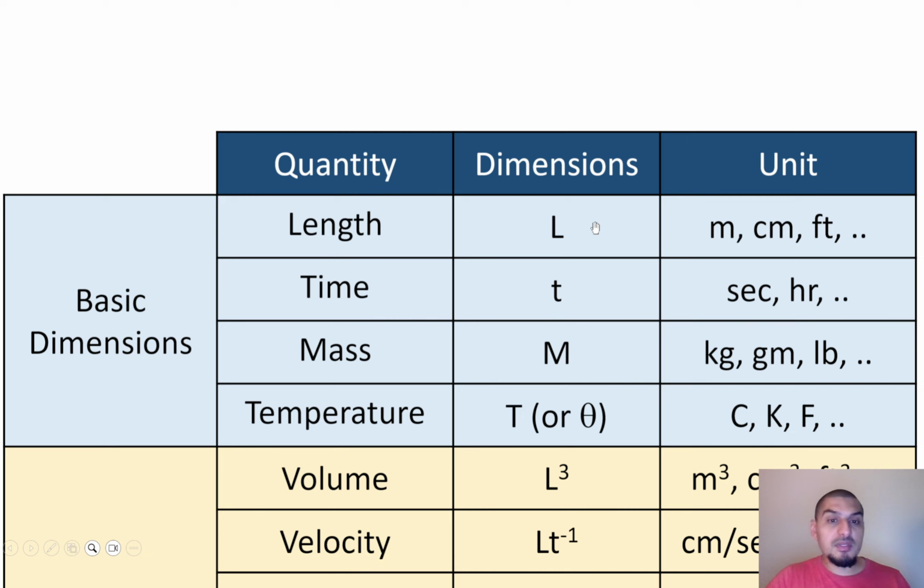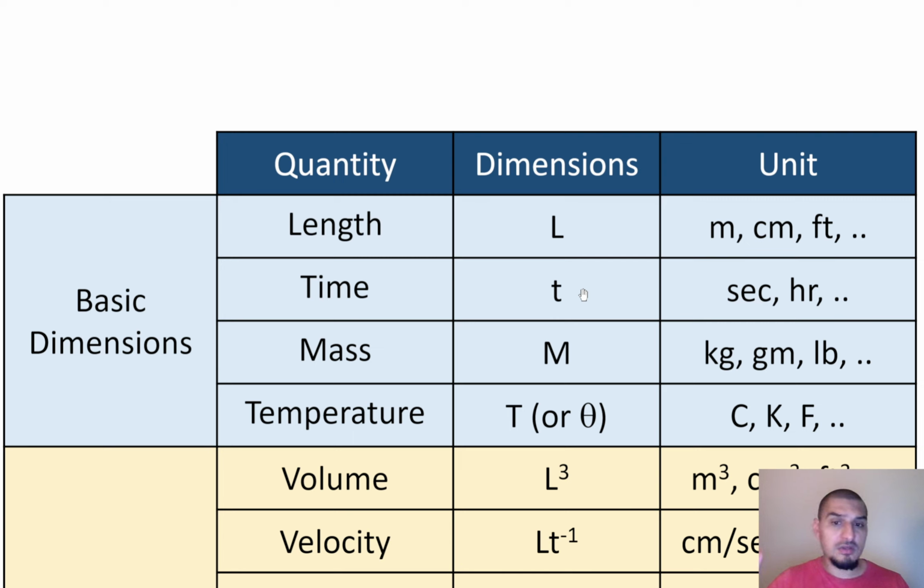This dimension can be described by many units. I can use meter, I can use centimeter, foot, inch, mile, you can have kilometer, you can have millimeter, micron. All of these are units for length. The same for time. The dimension of time is T, and this time can be expressed in minute, second, hour, year, millisecond, microsecond.